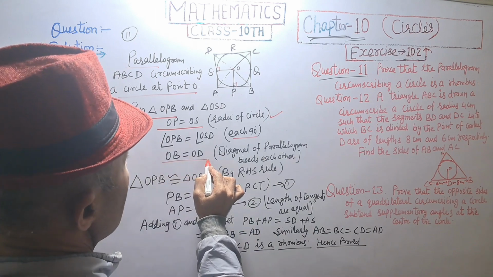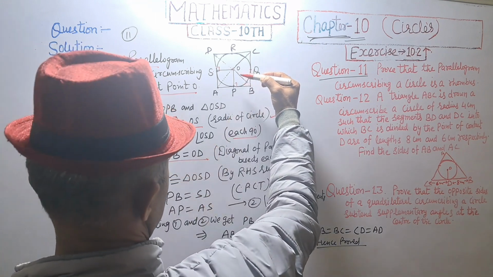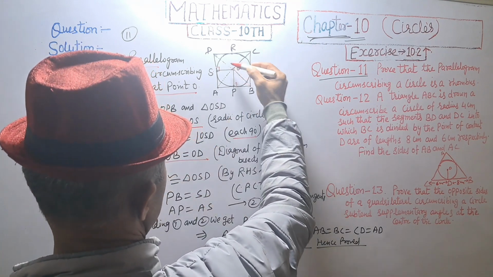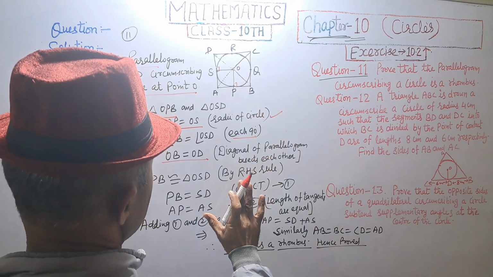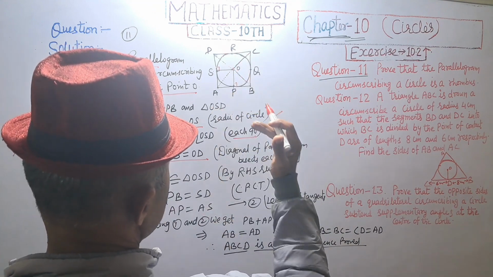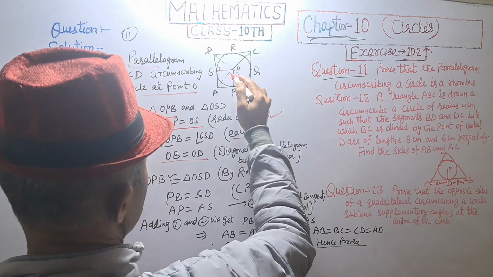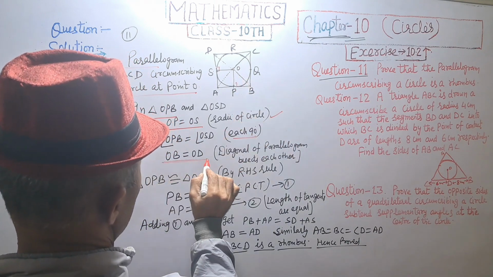OB is equal to OD, since diagonals of a parallelogram bisect each other. Both are equal.